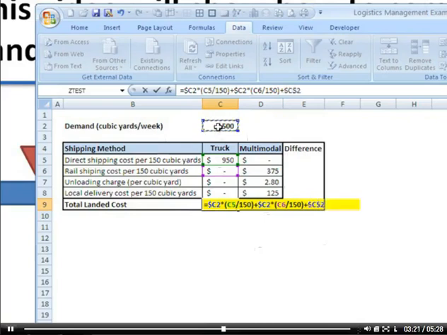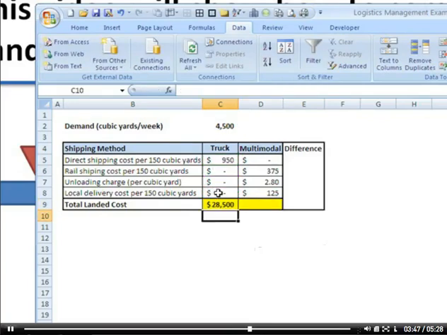The unloading cost, however, is by cubic yard, so we just need to multiply that by that cost, plus the cost, and again we're going to anchor our column reference, times, and we're going to open up the parentheses because this is by 150 cubic yards as well, divided by 150. And this should give us $28,500 to ship 4,500 cubic yards of material from Rexburg to Portland using only trucks.